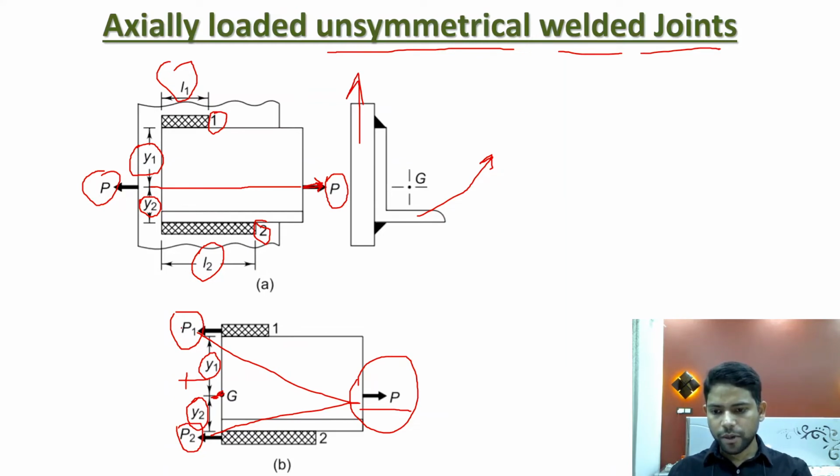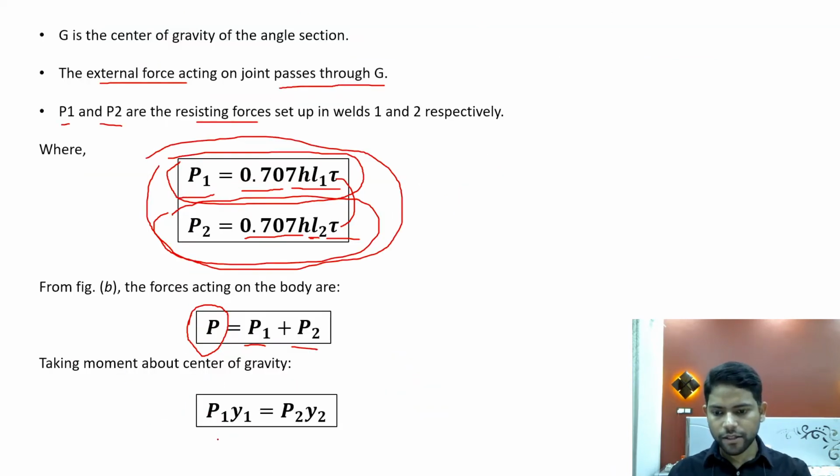Because of force P1, there will be a moment about G in the anti-clockwise direction, and because of force P2, there will be a moment about G in the clockwise direction. The perpendicular distance of these forces from point G is Y1 for P1 and Y2 for P2. So, we have written this equation P1 Y1 equal to P2 Y2.